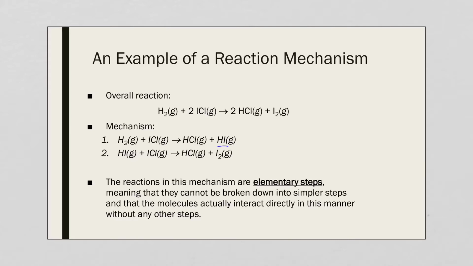And then we have that HI that's produced in the first step combining with the second molecule of ICl that's shown in our overall process to give us our second molecule of HCl and the molecule of I2 that is shown in our overall process.